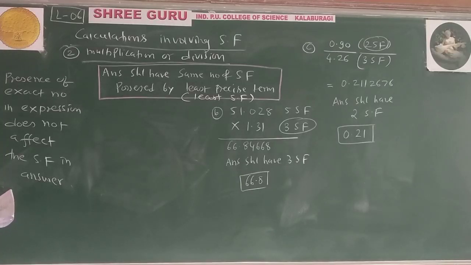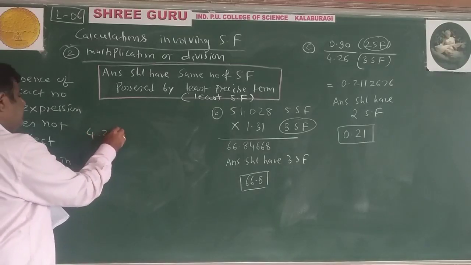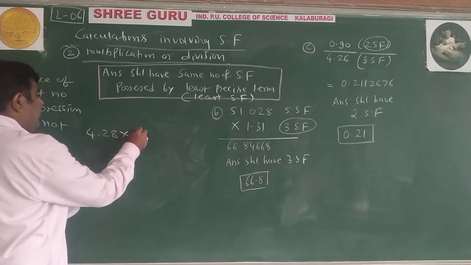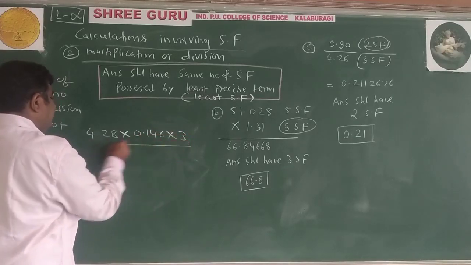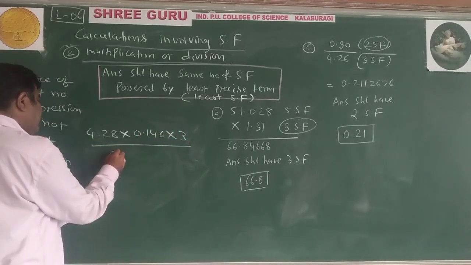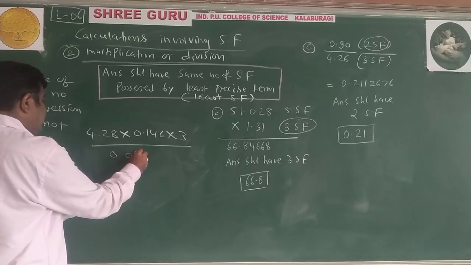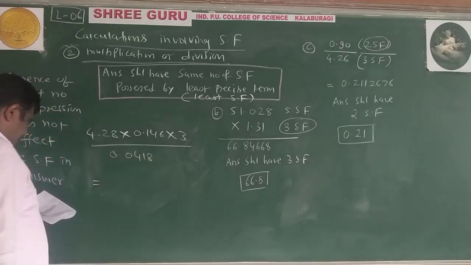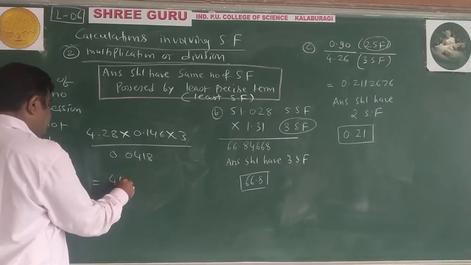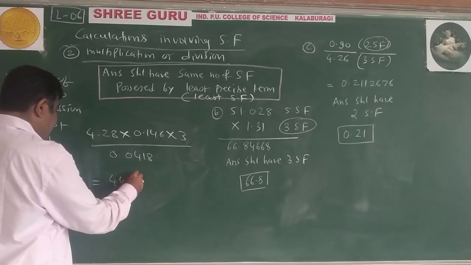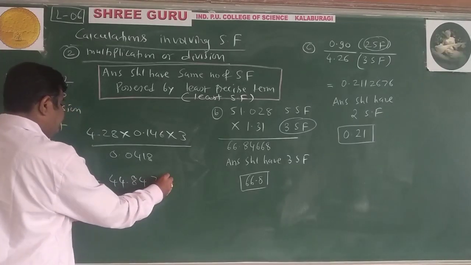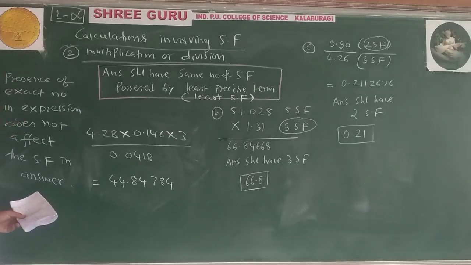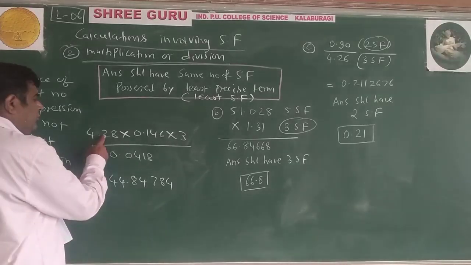If we are going for this calculation, 4.28146 into 3 divided by 0.0418, the answer is 44.84784. And we are looking into significant figures now.